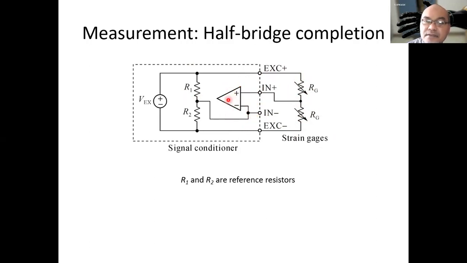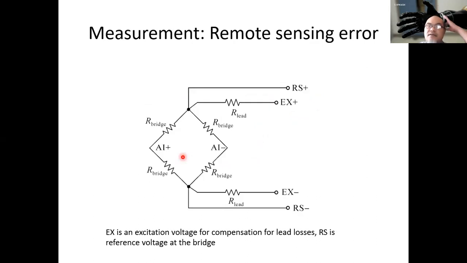This op-amp will amplify the voltage difference between these two voltage dividers, R1, R2 and RG, RG. R1 and R2 are reference resistors.